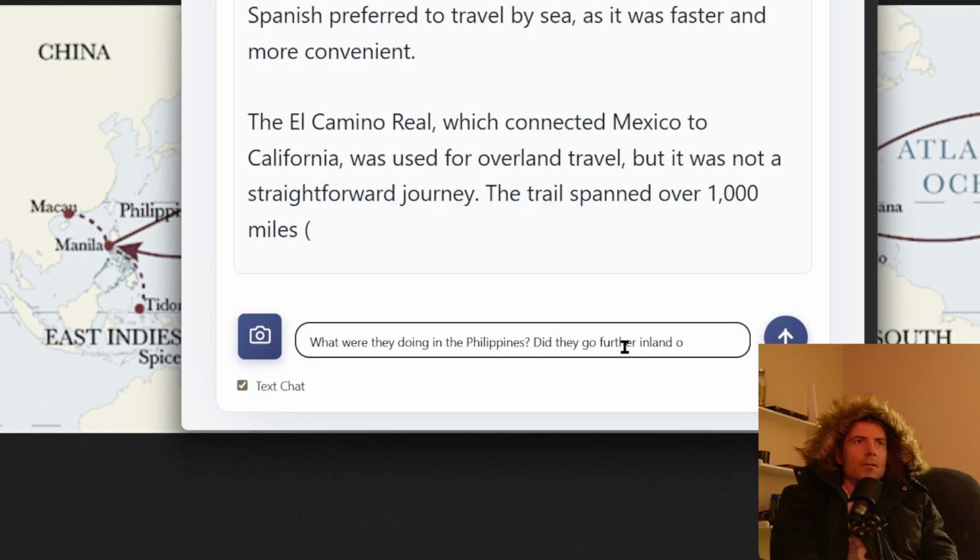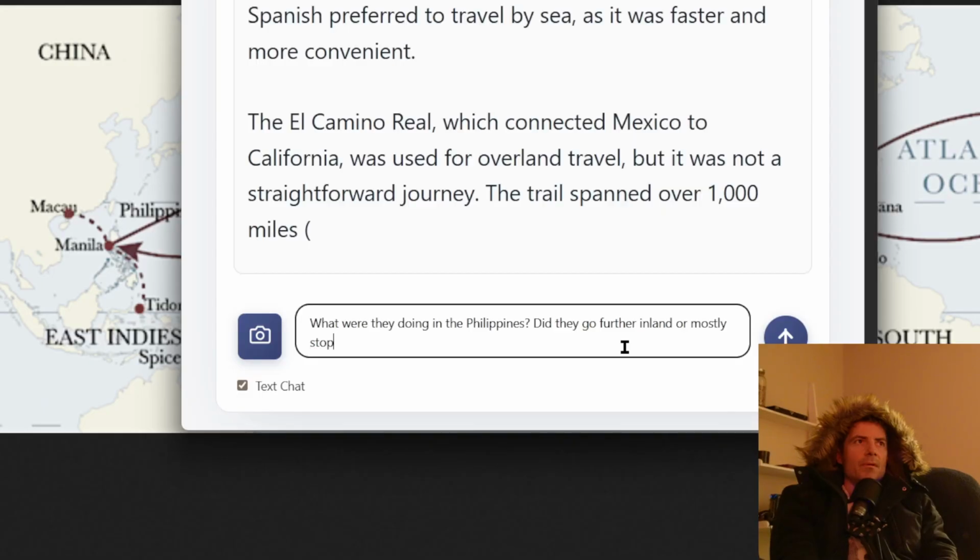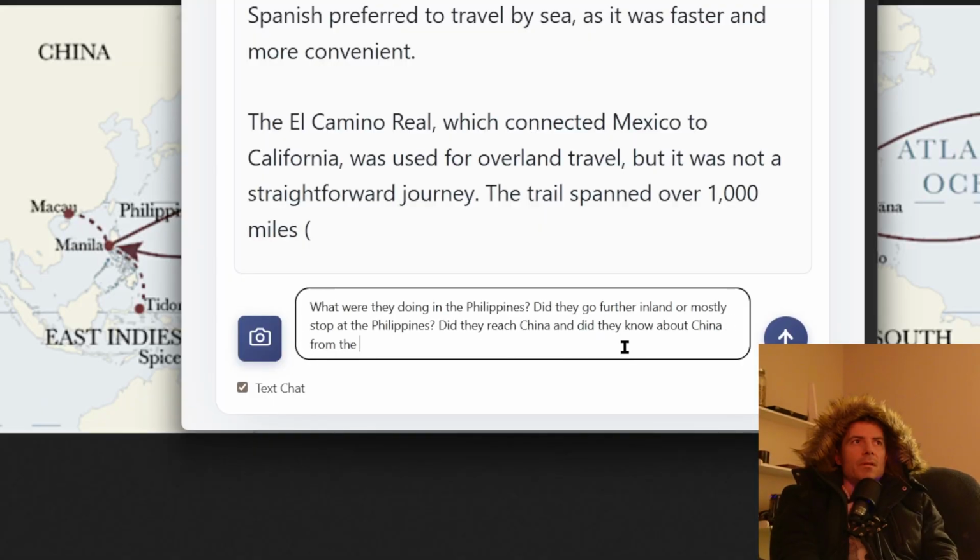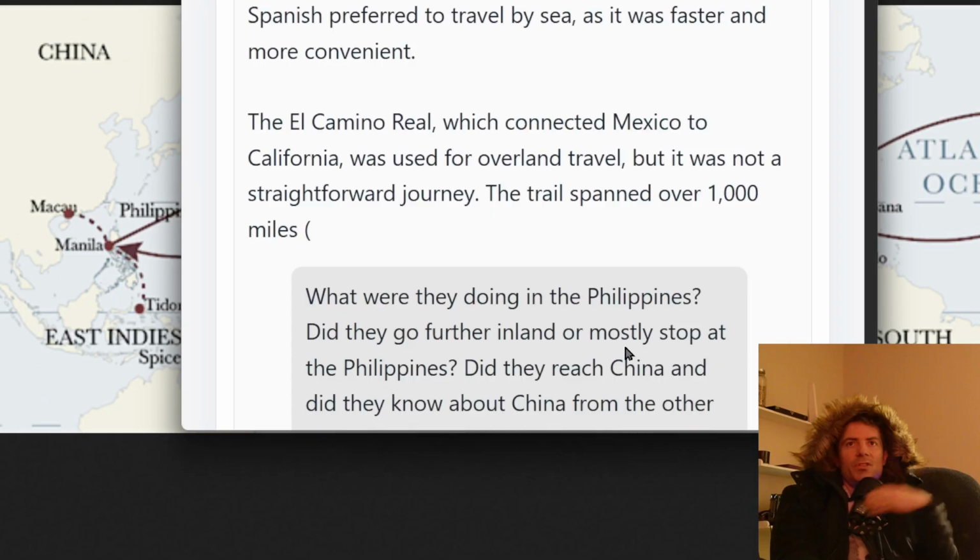Or mostly stop at the Philippines? Did they reach China, and did they know about China from the other direction? I think that would be through the Silk Road, right?